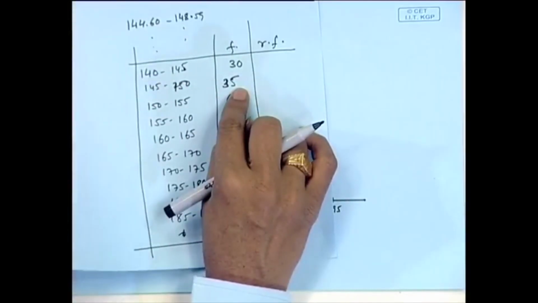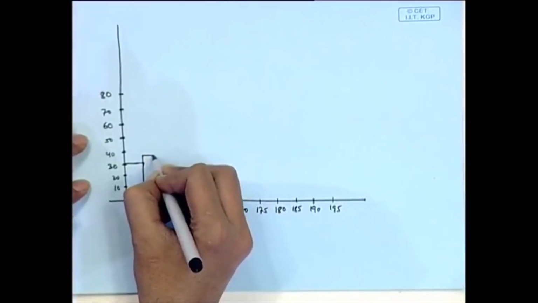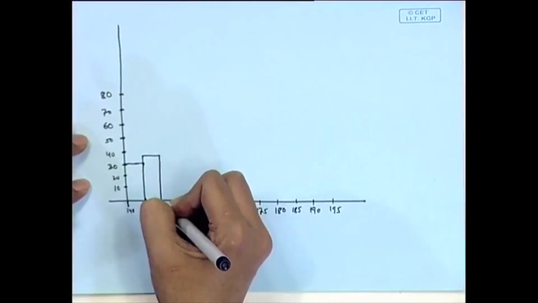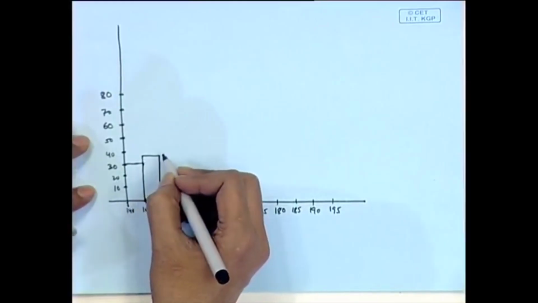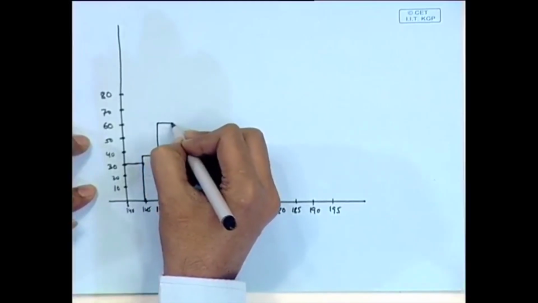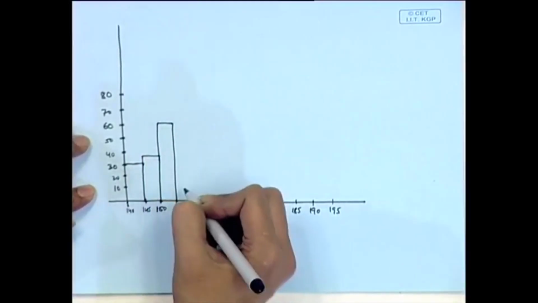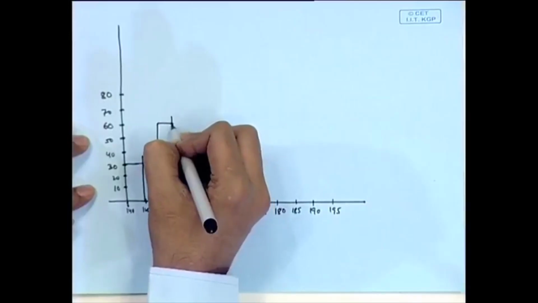Then for 145 to 150 the frequency is 35. So, we add the height up to 35 here, and for the interval 145 to 150 we consider the histogram of this length. Similarly, the next is 60. For the interval 155 to 160 it is 65.